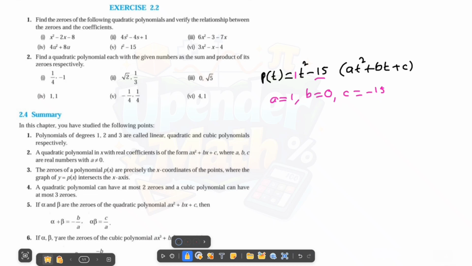Now let's find the zeros. To find the zeros, we have to take p of t value equal to 0, right? So 0 is equals to t square minus 15. Otherwise we can write it as t square minus 15 equal to 0. Send minus 15 to the right side. We will get t square is equals to 15.